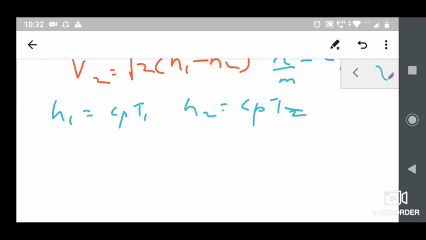So V2 is equal to the square root of 2 into Cp into (T1 minus T2).